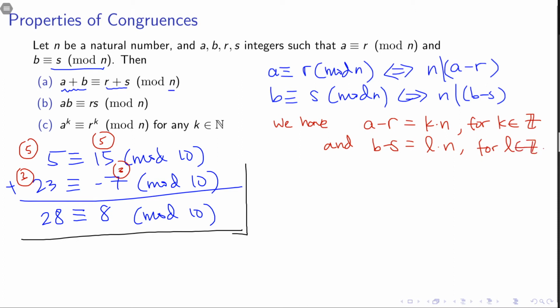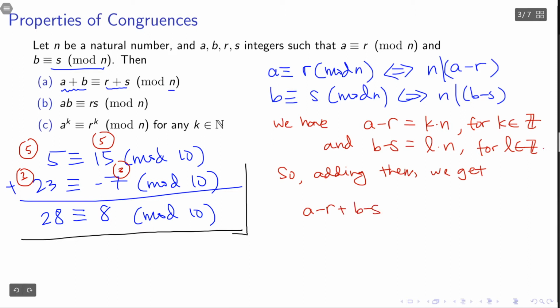And, well, what do we do now? We could just add the two equations that we have. So adding them, we get the following. a minus r plus b minus s on the left is equal to kn plus ln on the right, where k and l are these integers that we've fixed up here. And so we can just rewrite this as a plus b minus r plus s is equal to k plus l times n, where k plus l is an integer.